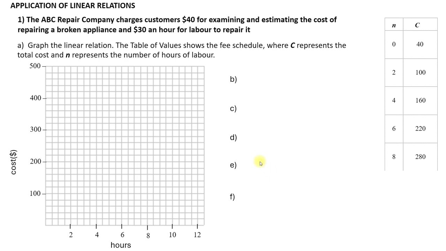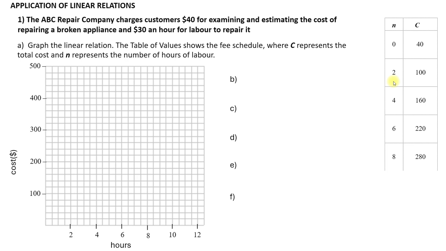Now we have a table of values where N is the number of hours spent repairing an appliance, and C is the total cost after so many hours. So here we have N for 0 hours and a cost of $40. And once again, this is just because even before the repairs start, you're charged that upfront cost of $40.